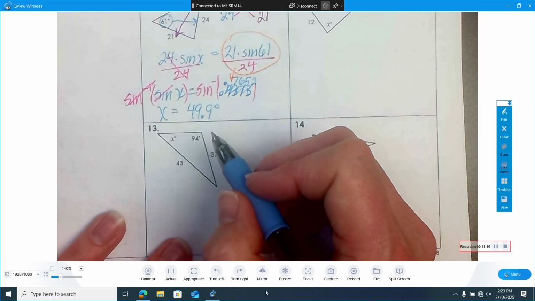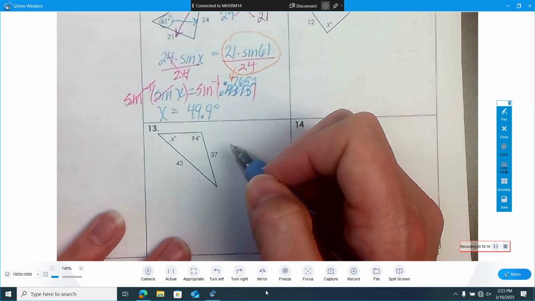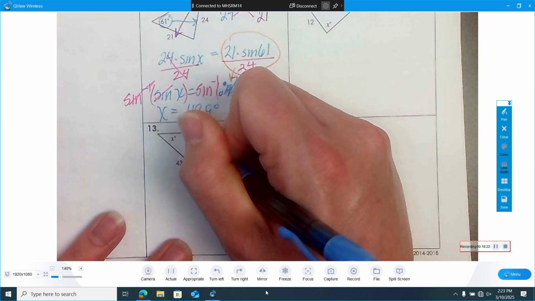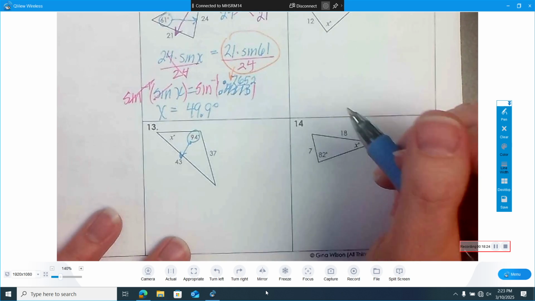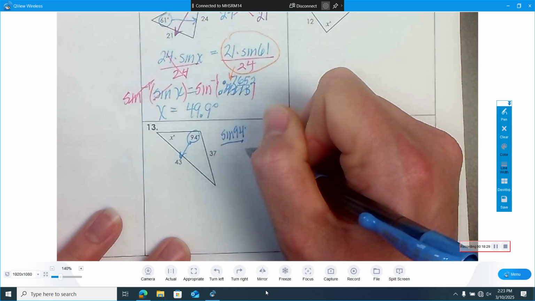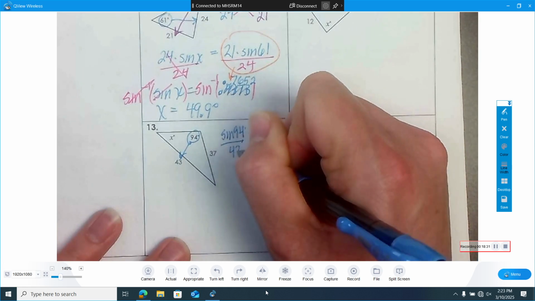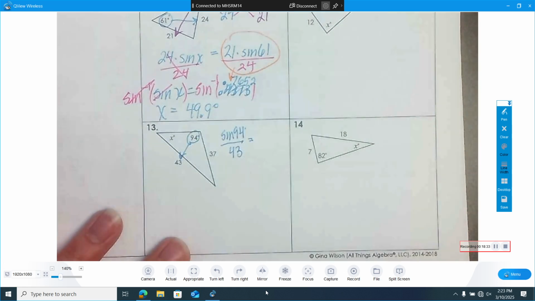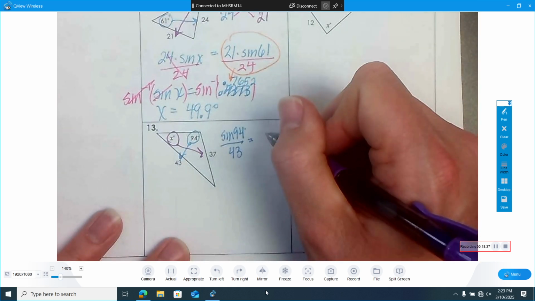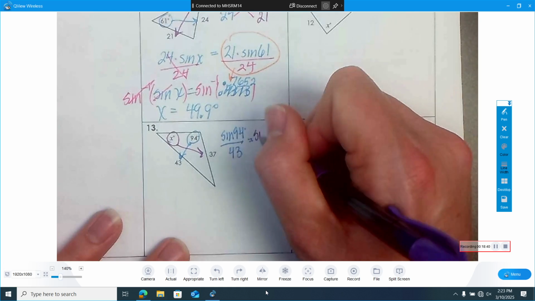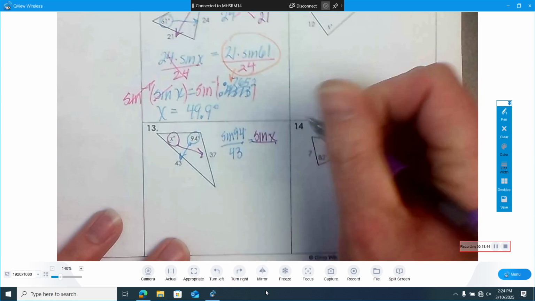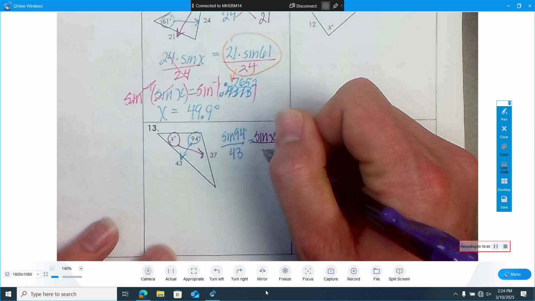All right. Curtis, walk me through. Go ahead. So you're going to sine 94? Uh-huh. Over? 43. Okay. Is equal to? Sine of x over 37.